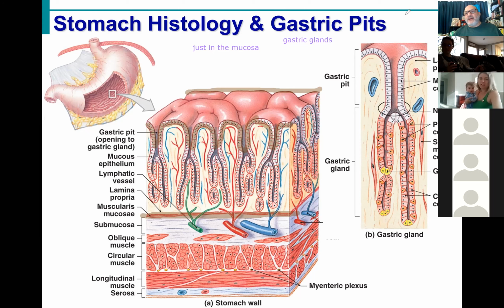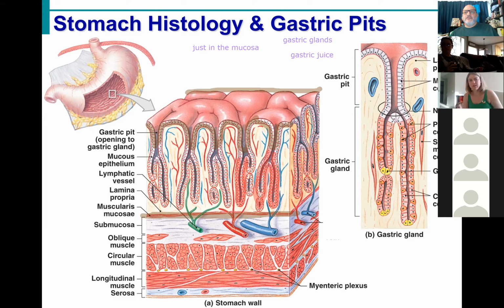Down inside of these gastric pits are some highly specialized cells, and these highly specialized cells form the gastric glands. And of course, those gastric glands produce our gastric juices. So the pits, the indentations, are the gastric pits, and then deep to that are the gastric glands.